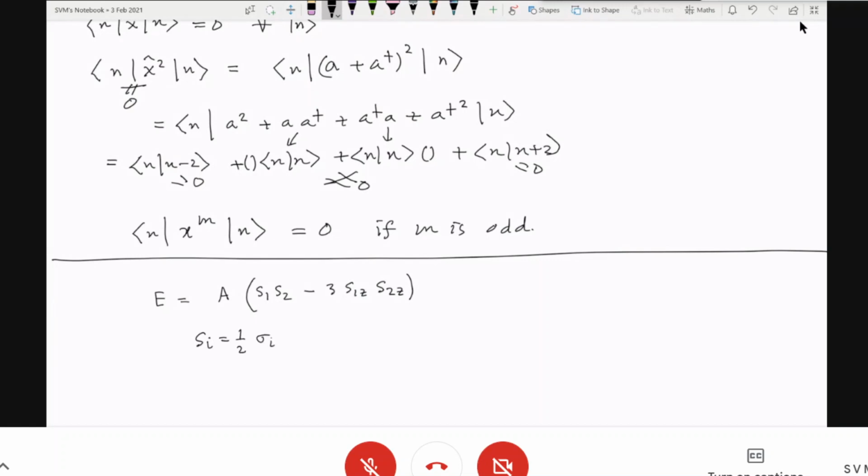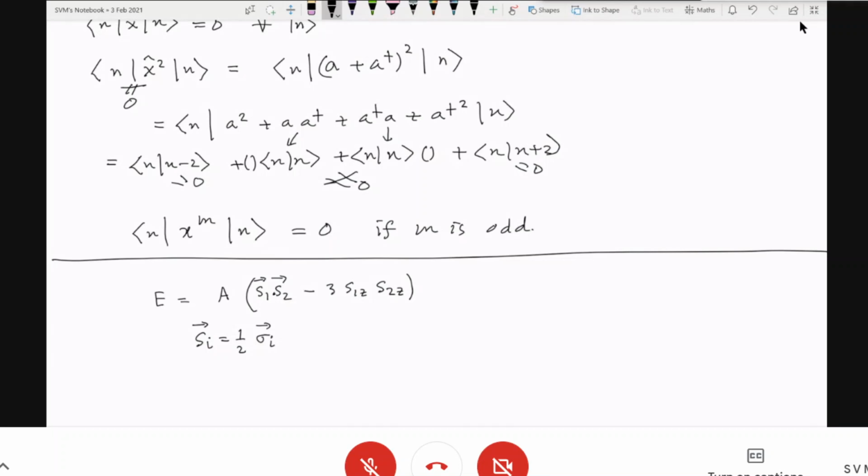This sigma is the Pauli spin matrix, and S is a spin vector. This one is S1 dot S2.